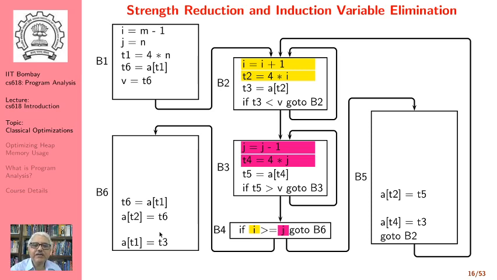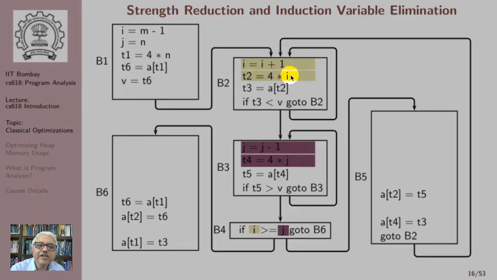The idea here is that we would like to replace high strength computations within a loop by low strength computations. The thing to observe here is we have 4 star I. Every time I increments by 1, 4 star I increments by 4. Similarly here, every time j decrements by 1, 4 star j decrements by 4.